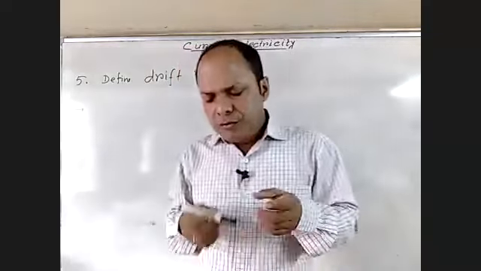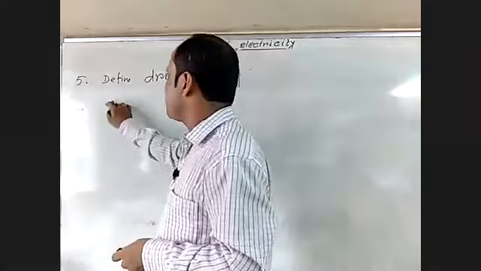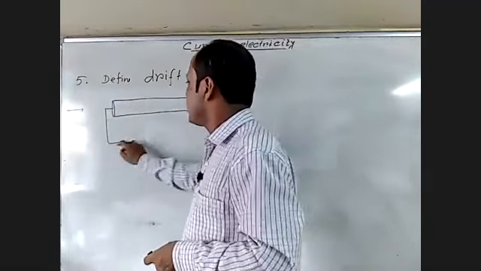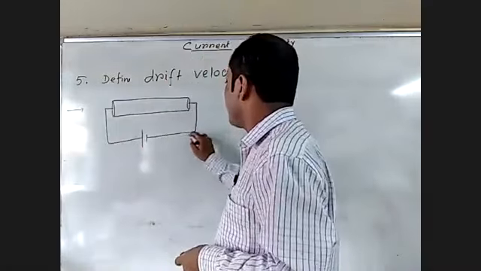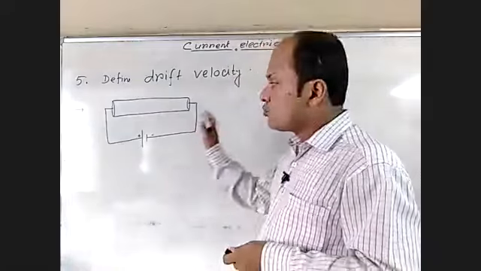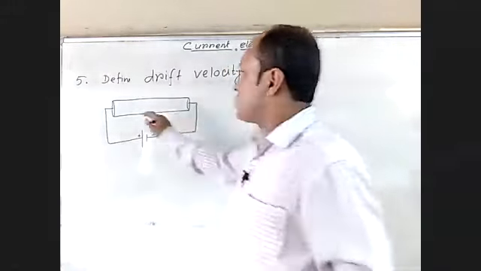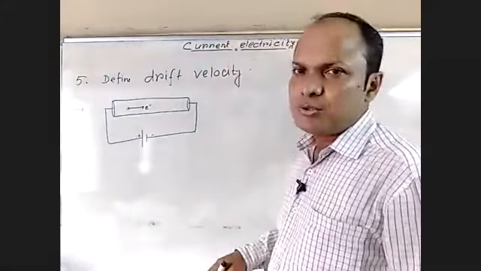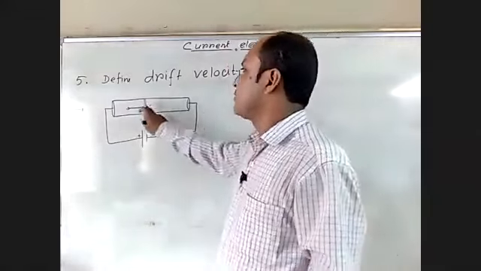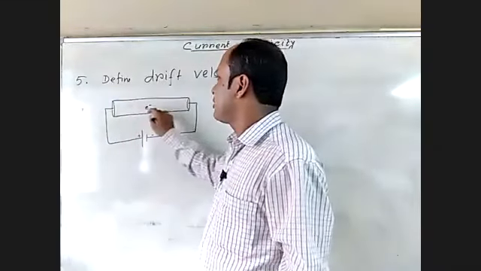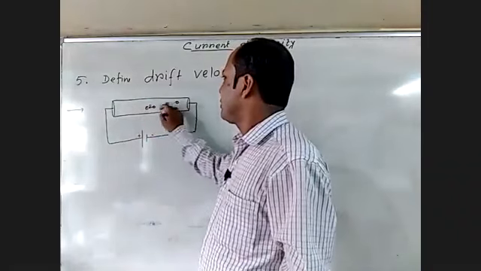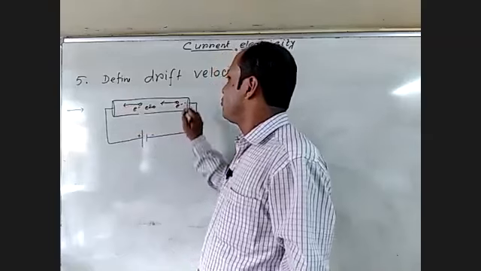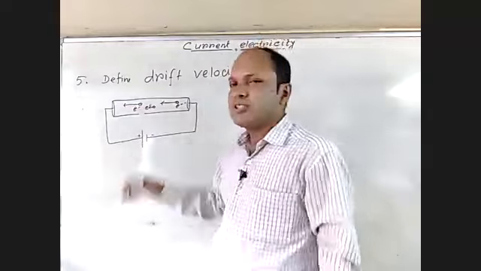But if you apply a potential difference across the two ends of the conductor, or connect a cell across the two ends, now all the electrons inside the conductor will try to move in a particular direction. Maximum of the electrons will try to move towards the positive pole of the cell.